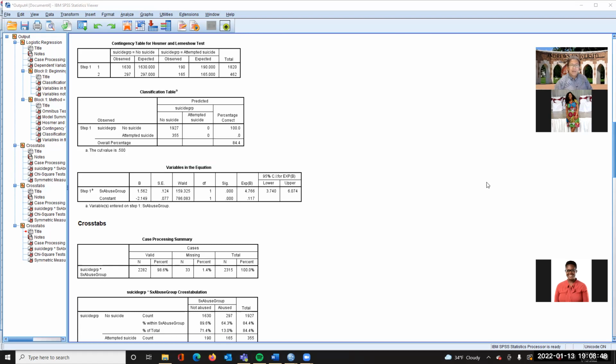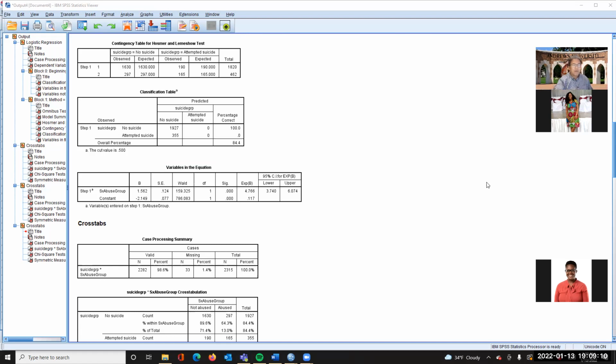You begin with a hypothesized model in which you very carefully select predictor variables that would reasonably explain your dependent variable. Once you have the hypothesized model, you test it with your data.